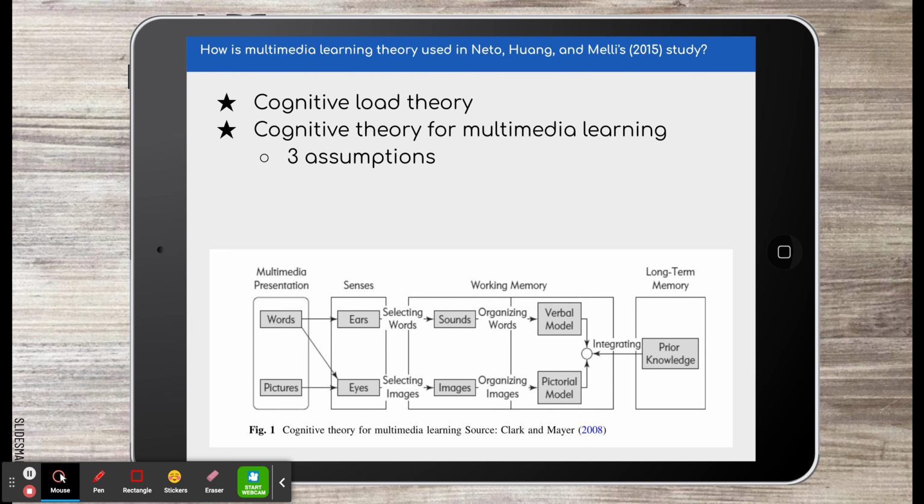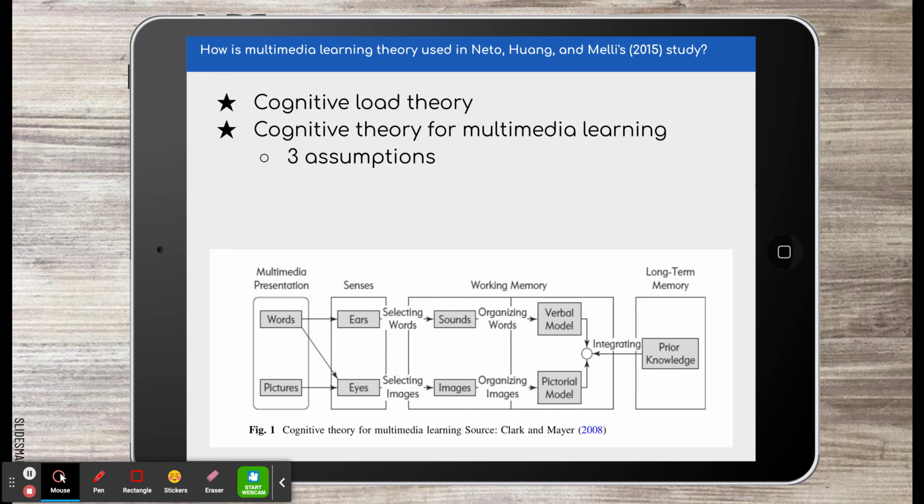Then you use the senses. It selects, that's the dual channels, auditory, visual. Then you've got your limited capacity, selecting out those words using the sounds, images. It organizes and picks out those cues, and then from there it goes into active processing, where it integrates your prior knowledge into long-term memory.